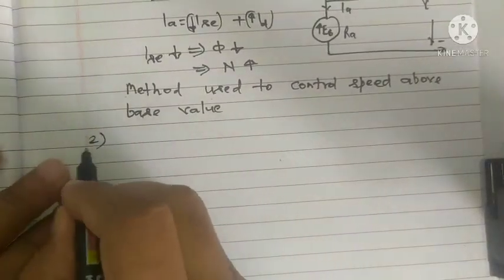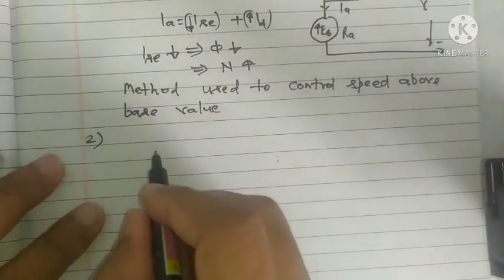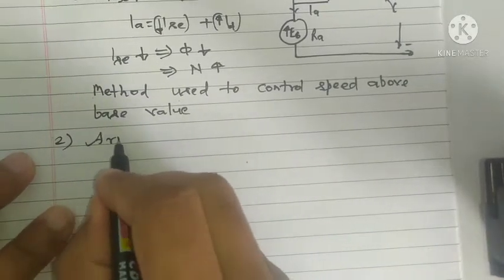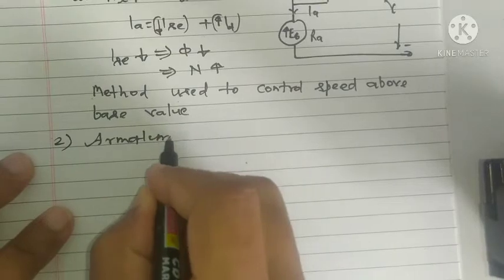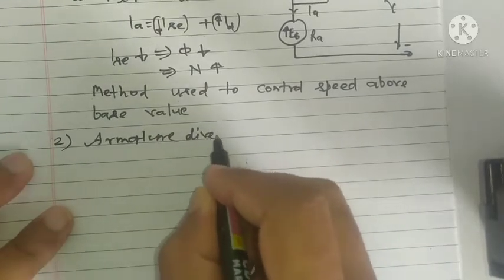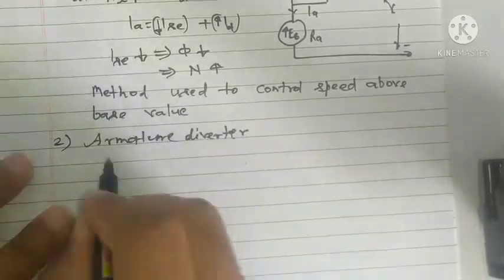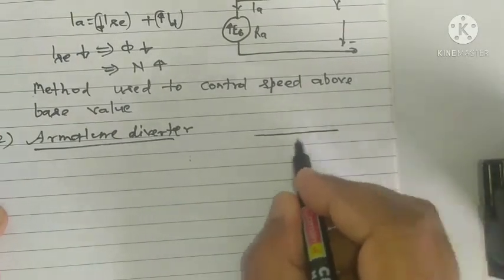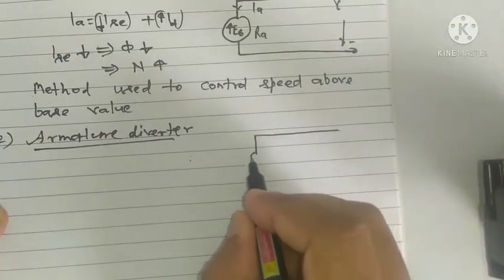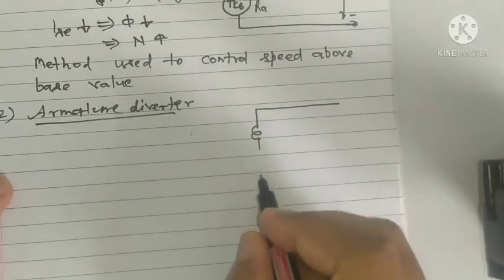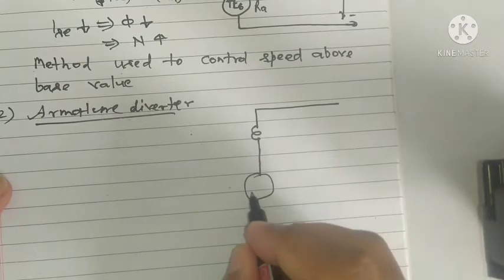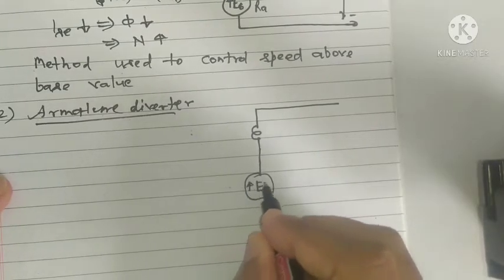Second method is armature diverter. So in this case, current through armature winding will be diverted, and we will see what happens then. You can see here, this is armature.